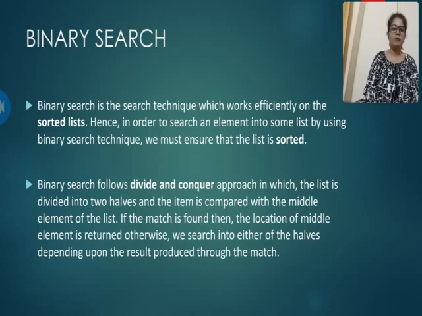Whenever we have to perform binary search on any list, the list must be in sorted order. It is a condition of binary search that we can apply it only on sorted lists. We cannot apply binary search on an unsorted list, whereas we can apply linear search on any list, whether it is sorted or unsorted.